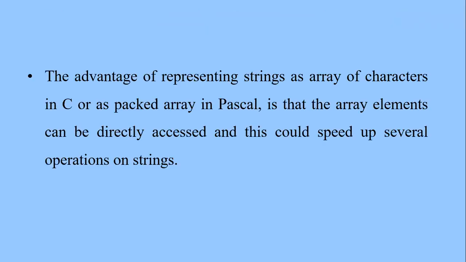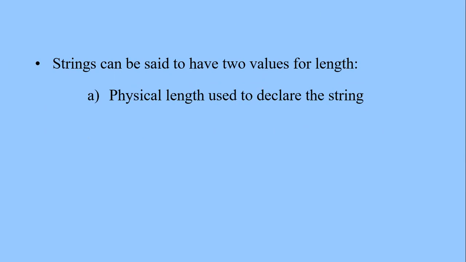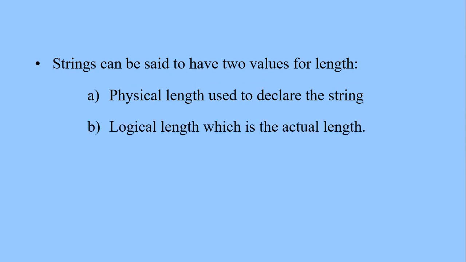The advantage of representing strings as array of characters in C or as packed array in Pascal is that the array elements can be directly accessed, and this could speed up several operations on strings. Strings can be said to have two values for length. One is the physical length that is used to declare the string, and two is the logical length, which is the actual length.